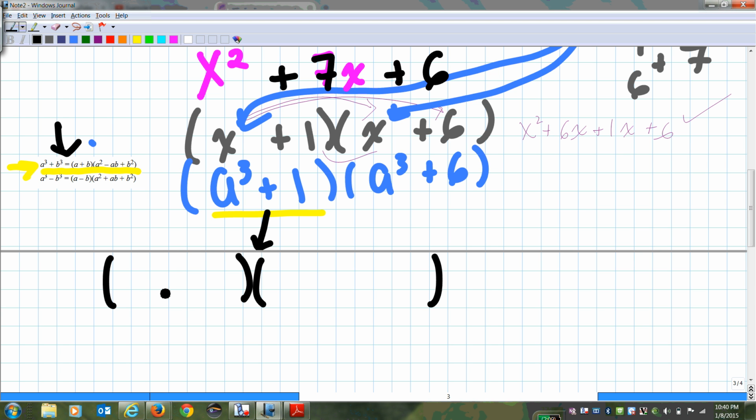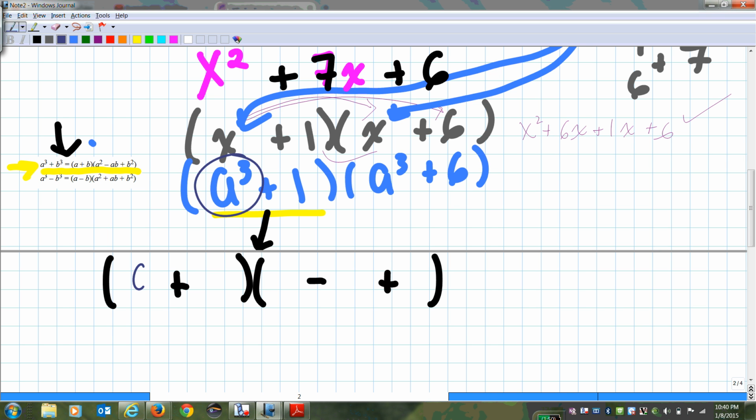Our signs: it's the same sign, and then you do the opposite, which would be negative. This last is positive. Ready? Okay. So we start, we have a cubed. So that's going to be a plus b. So that's a plus our b, in this case, is 1. It's a plus 1.